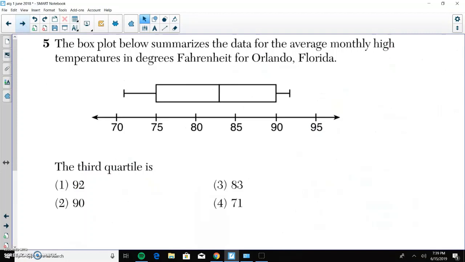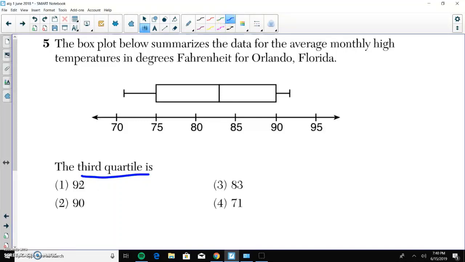Okay, question 5. The box plot below summarizes the data of the average monthly high temperatures in degrees Fahrenheit for Orlando, Florida. So the third quartile is, now this is a question that you don't want to get wrong. Look at it this way.